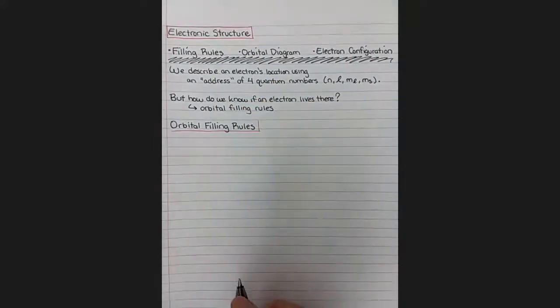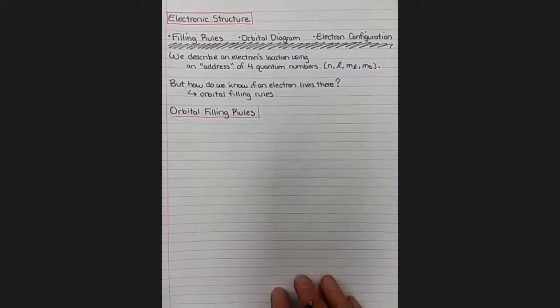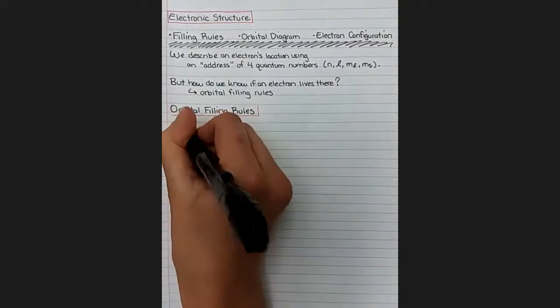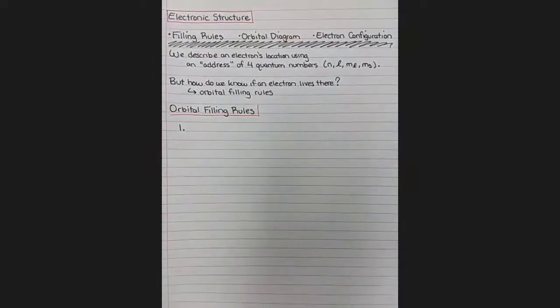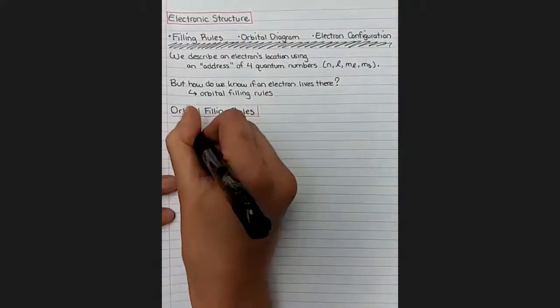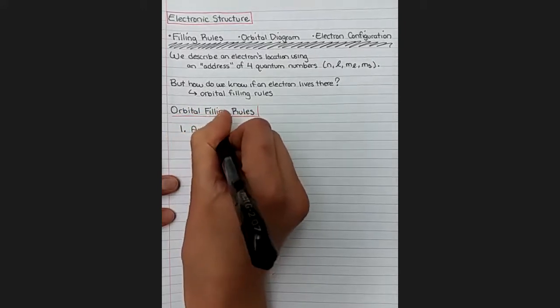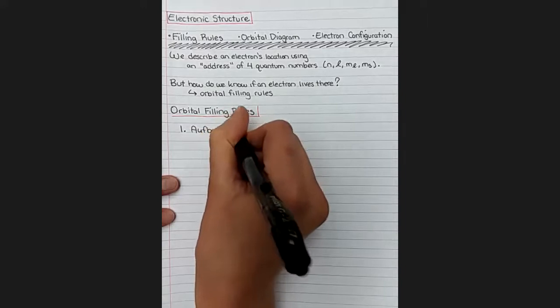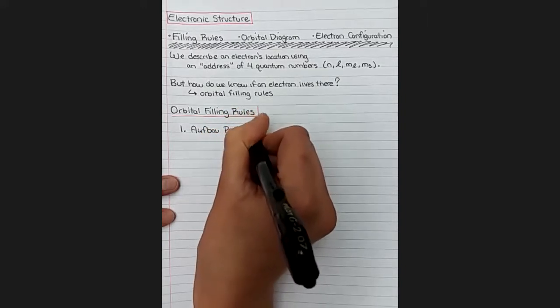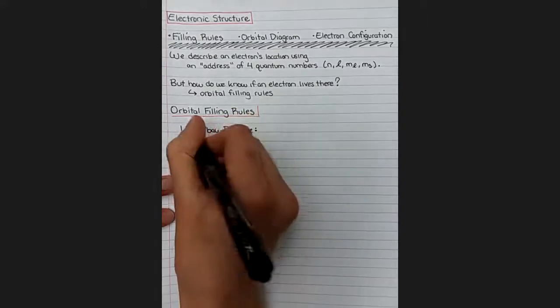So there are several rules that we use to help us decide. We are going to write the rules here on this page, and then we will talk about the rules more in depth on the next page, kind of like we did in the previous few videos. So the first, most important, and most simple rule for filling electrons into the orbitals is called the Aufbau Principle.